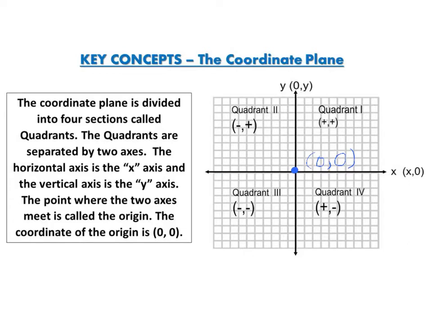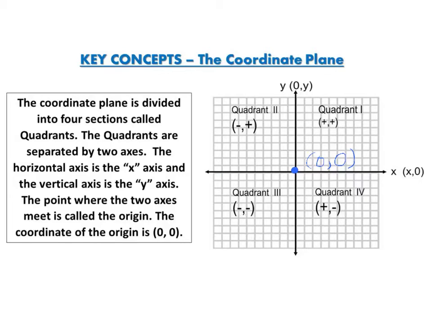The quadrants are numbered 1 through 4, and they use Roman numerals for the number designation. So you start in this upper right-hand corner, and this is quadrant 1. You go counterclockwise. That's quadrant 2, quadrant 3, and quadrant 4.